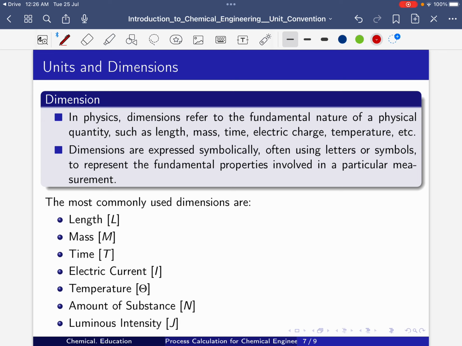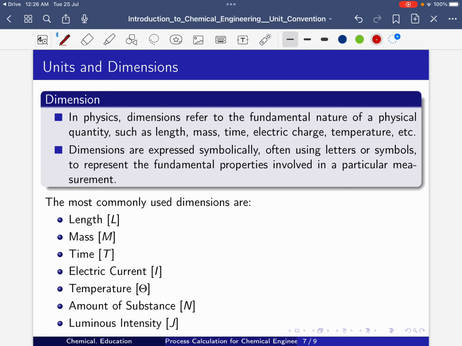And what is dimension? In physics, dimension refers to the fundamental nature of a physical quantity such as length, mass, time, electric charge, temperature, etc. Dimensions are expressed symbolically, often using a letter or symbol to represent the fundamental properties involved in the particular measurement.